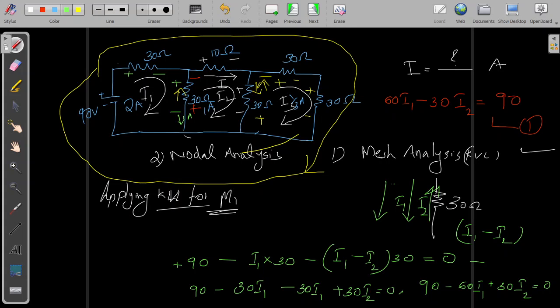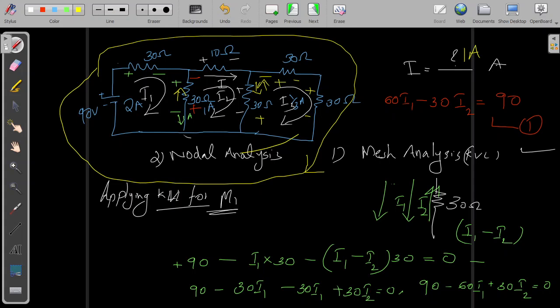Now I have to find out, the examiner told you to find current I. This is our actual problem. By mesh analysis, this I is same as your I2, that is nothing but 1 ampere. 1 ampere is my answer.